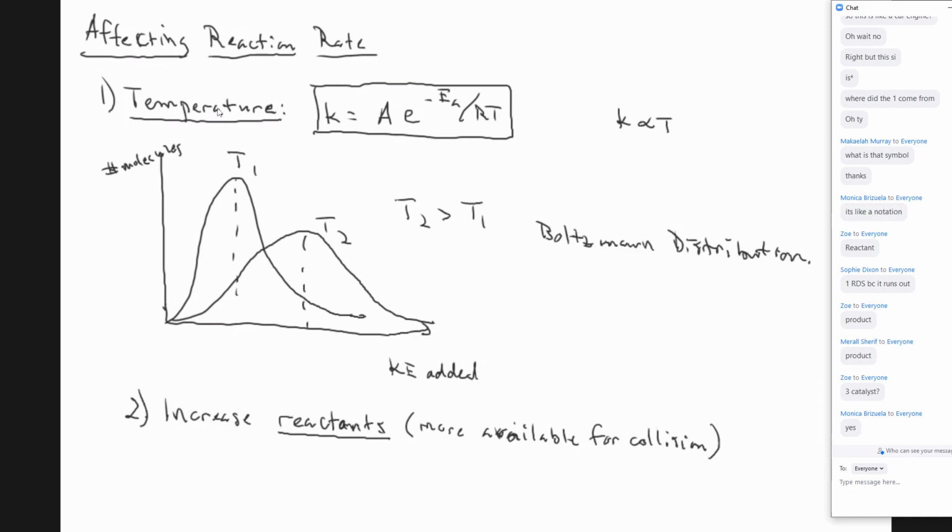The other thing we could do is add more solvent. More solvent dilutes the reaction and slows it down.